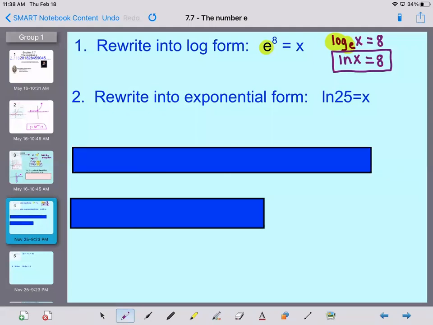So number 2. Number 2 is a logarithmic equation. We're going to change it into exponential form. So if you need to, here's an example of if you need to change this to log base E. For beginners, which is what all of you are right now, it might be easier to have this visual to change forms.